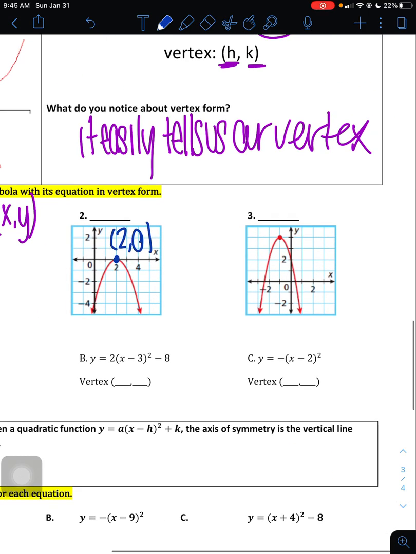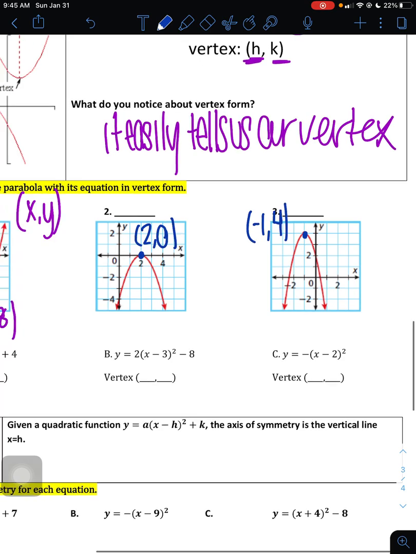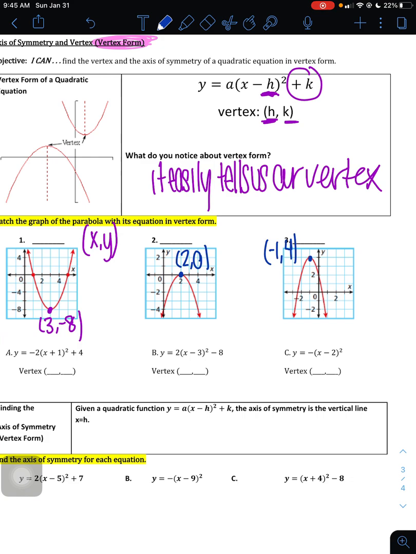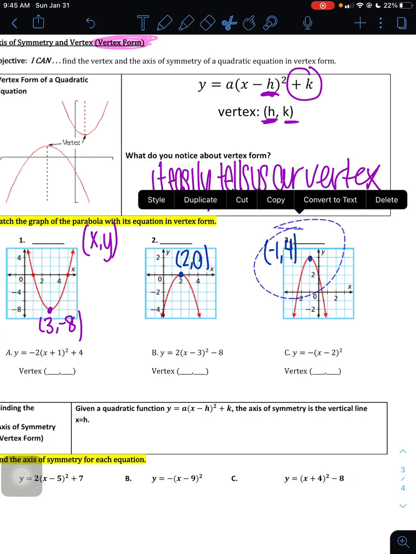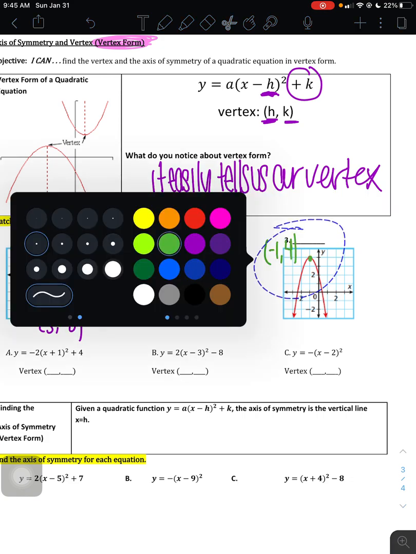And then our last one over here is above our x-axis, so I know I'm going to have a positive y. And then this is negative 1 comma 4. And I said negative 1 because it's to the left in our coordinate plane. So we found our three different vertices. I'm going to color them all different colors, so it's going to be easy to pair them.